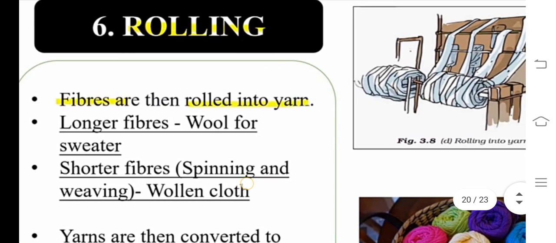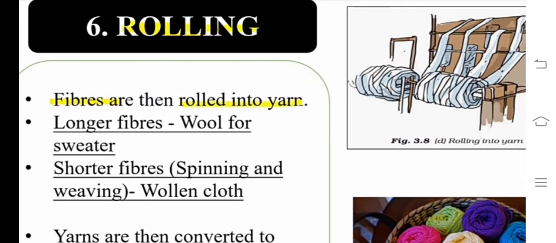Next one, rolling. What is the last step, children? Rolling. Fibers are then rolled into yarn. I told you, the conversion of fiber to yarn is very important. That process is called spinning. Now we already have fibers, then they are rolled into yarn. From yarn they make fabric.